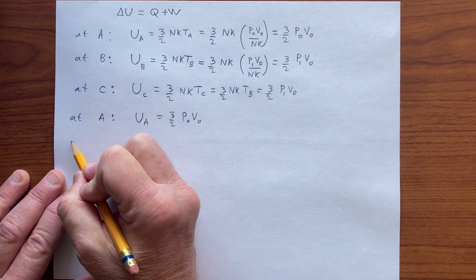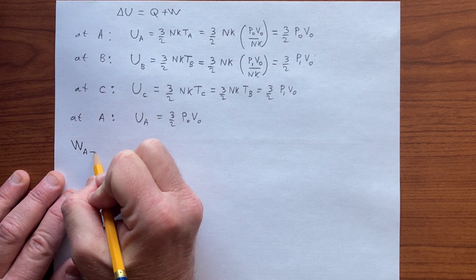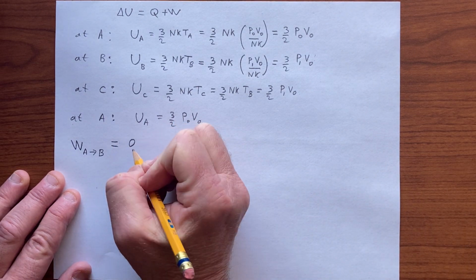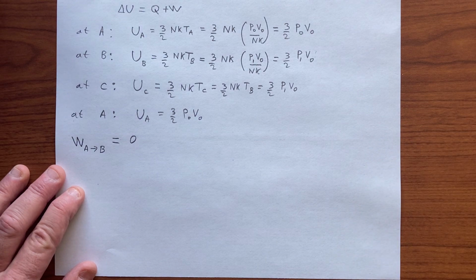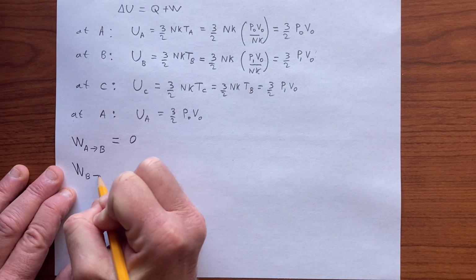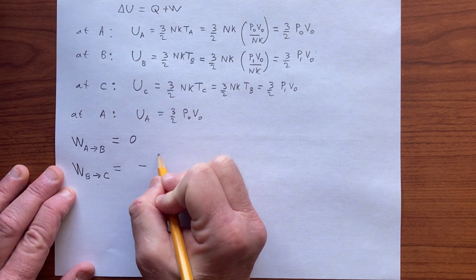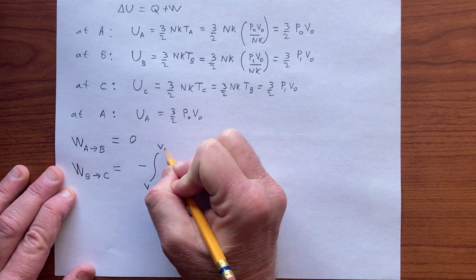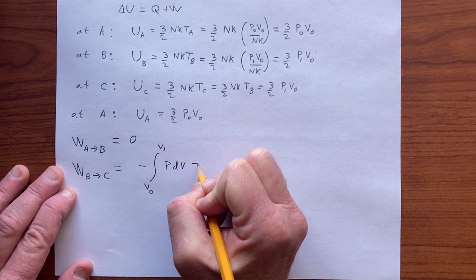Let's look at the work. So the work is something that's defined between states. So the work in going from A to B is 0. Right? We haven't changed the volume. In going from B to C, we have that the work is minus the integral from V naught to V1 of P dV. We have to integrate this.